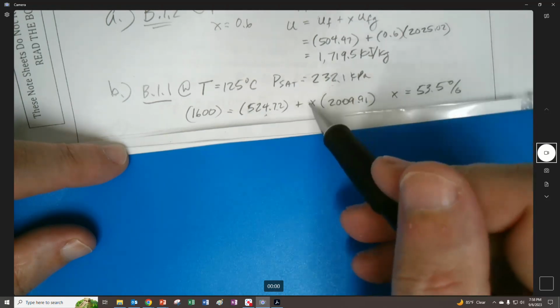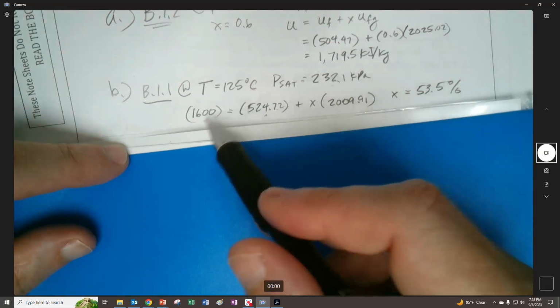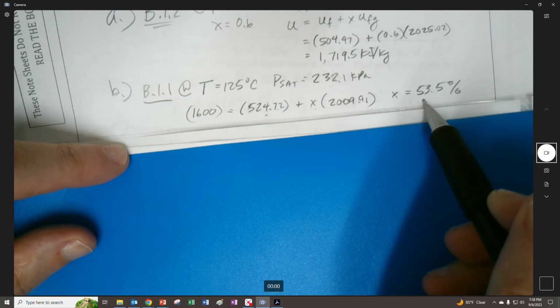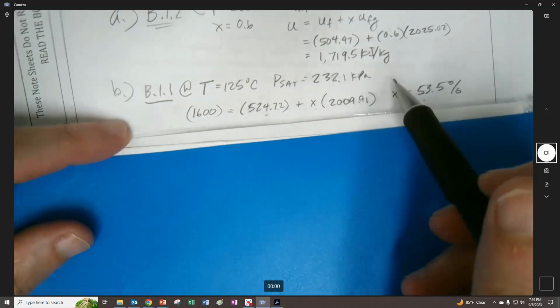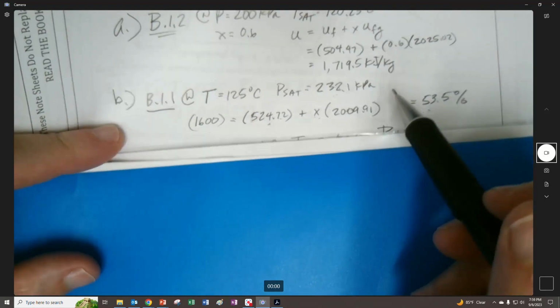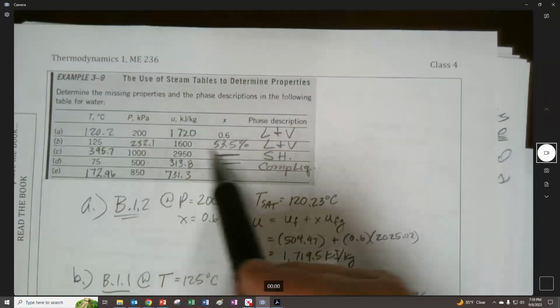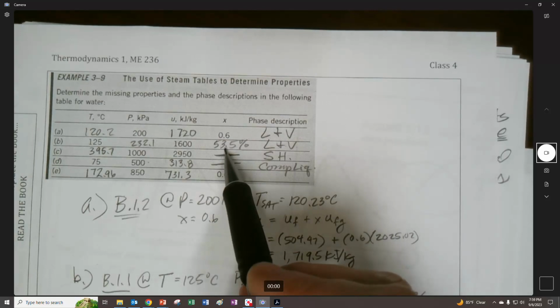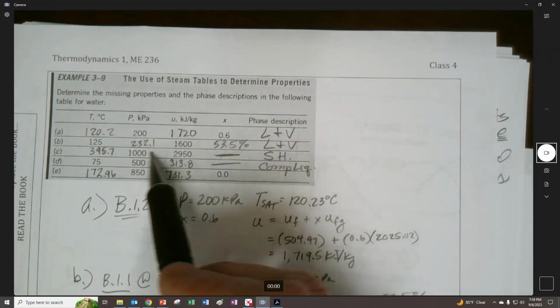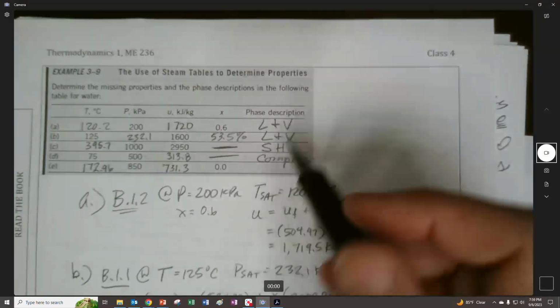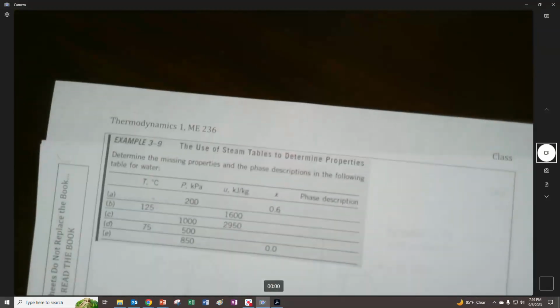So we can use that information and solve for that X and find that's 53.5%. So that's what we can put back up into this table, that it's a liquid and vapor combination. Here's the 53.5. And this right here is the saturation pressure that gets placed into there. So boom, we got another one of those done.